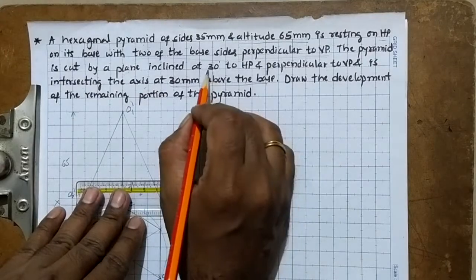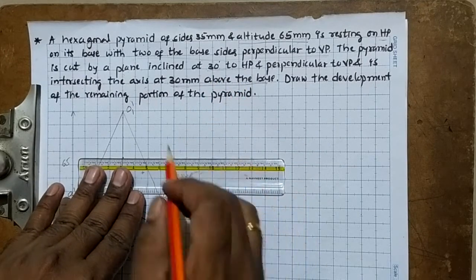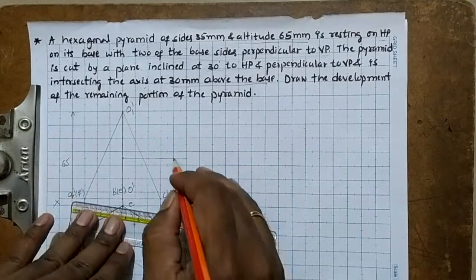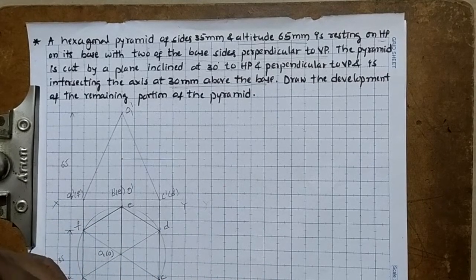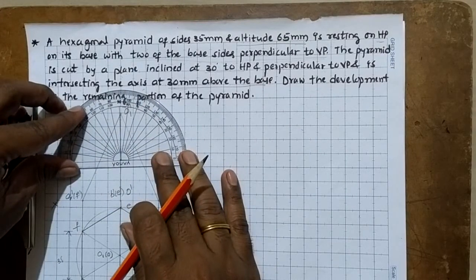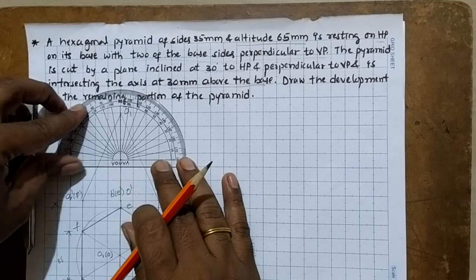And 30 degrees to HP is there. Draw one horizontal line that is parallel to the XY line. Now use the protractor. Take 30 degrees with reference to this horizontal line.